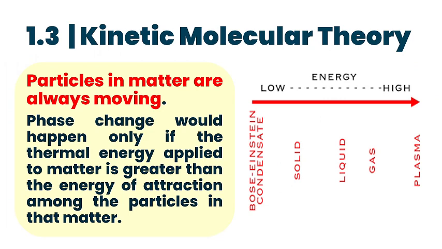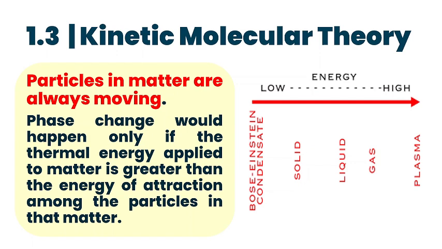So I want to add something about the states of matter. We have discussed in our previous lessons, particularly in fluid mechanics, a theory called kinetic molecular theory. One of the propositions of kinetic molecular theory is that particles in matter are always moving. Every state of matter from BEC up to plasma, they are moving.